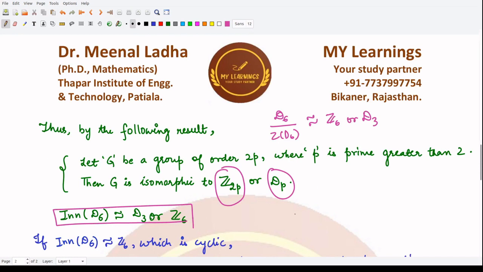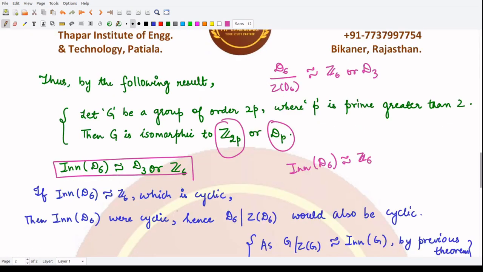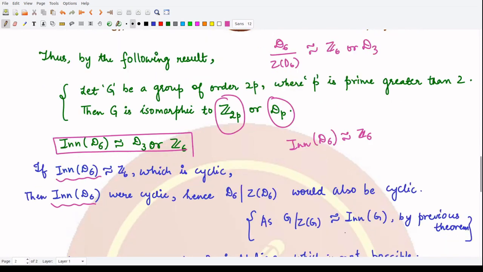Now in the first case, if we take the inner automorphism group of D6 to be isomorphic to Z6, because Z6 is a cyclic group, this would also be cyclic. If this is cyclic, because we have studied this result that the inner automorphism group of G is isomorphic to the factor group created by the center, hence D6 over the center of D6 would also be cyclic, correct?